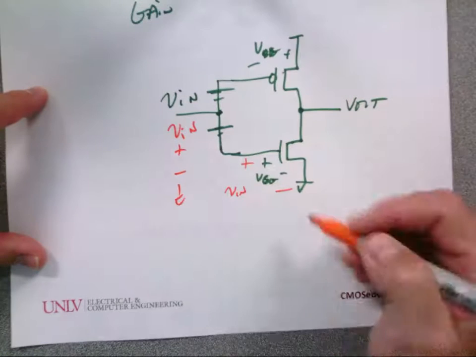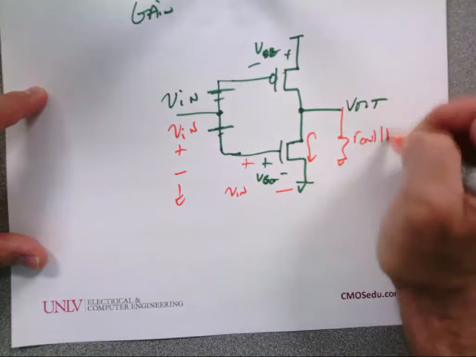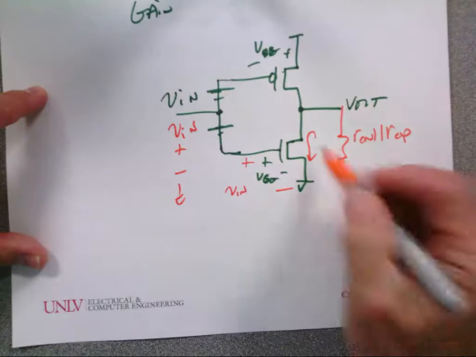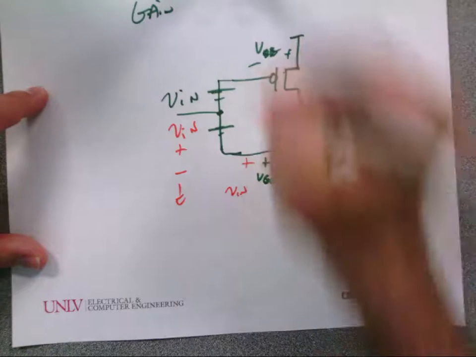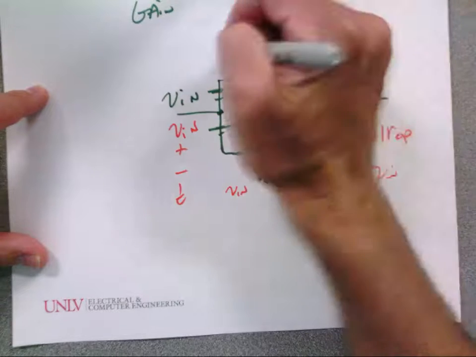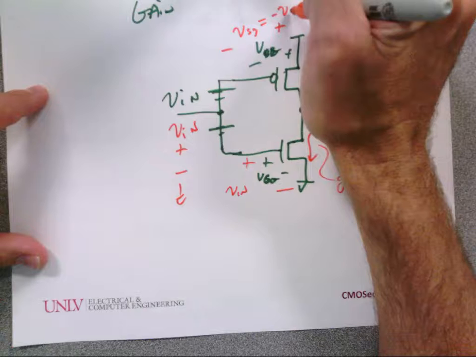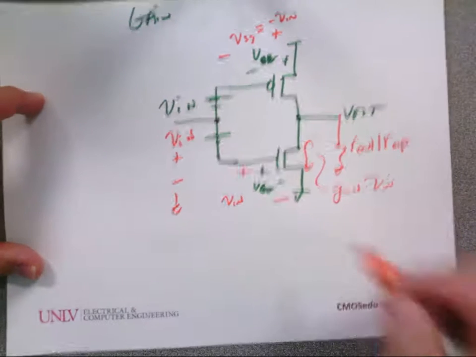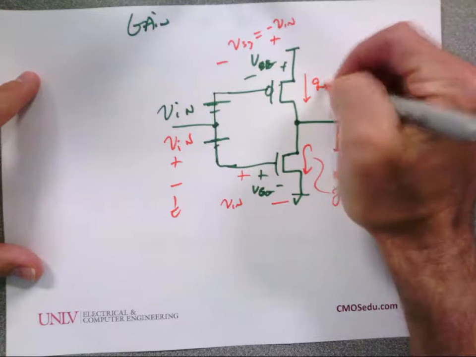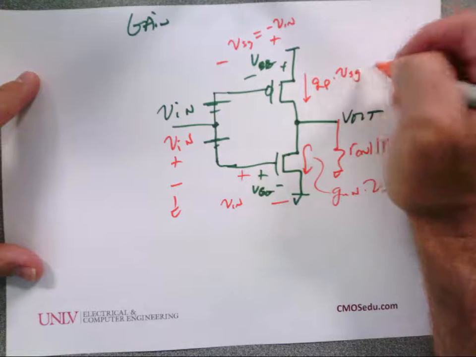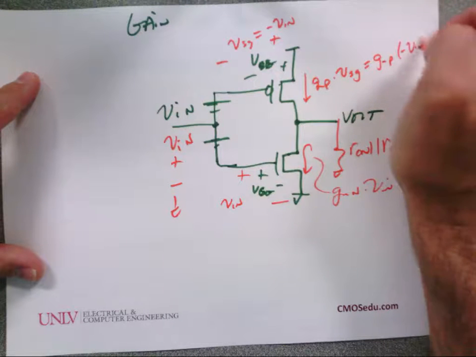Does everybody agree? What's the current that flows through my 2 resistances, R out N in parallel with R out P? GMN times V in. But wait a sec, I've got V in here, which is equal to minus VSG. So if I ask what's the current that flows through here, it's GMP times VSG, which equals GMP times minus V in.